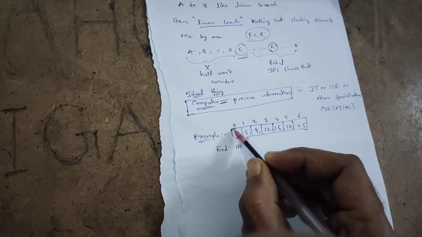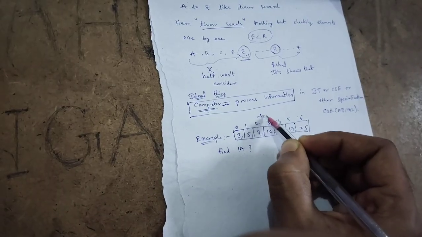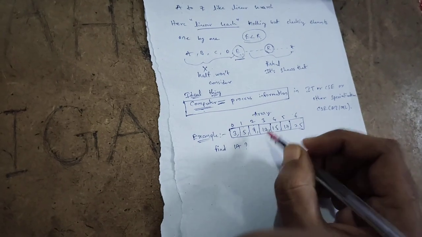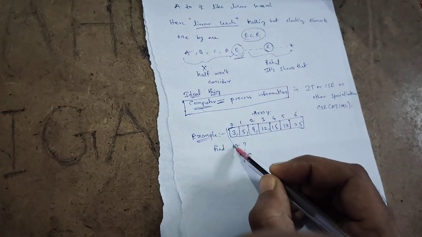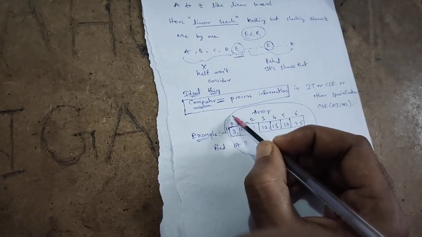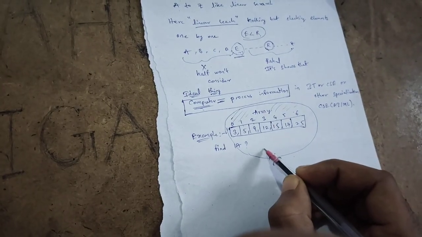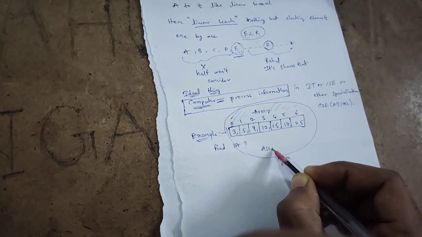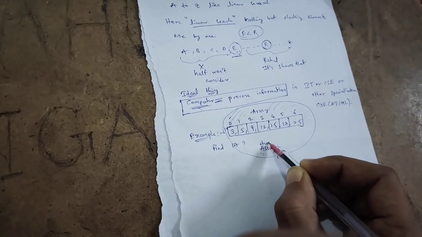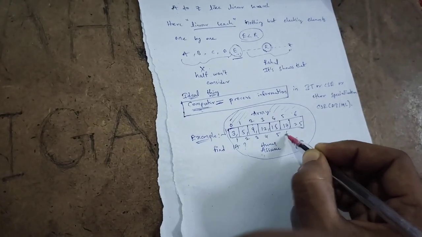The computer understands this array style, but we humans assume 1, 2, 3, 4, 5, 6, 7.